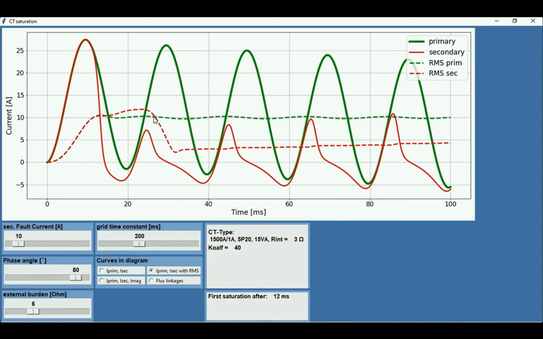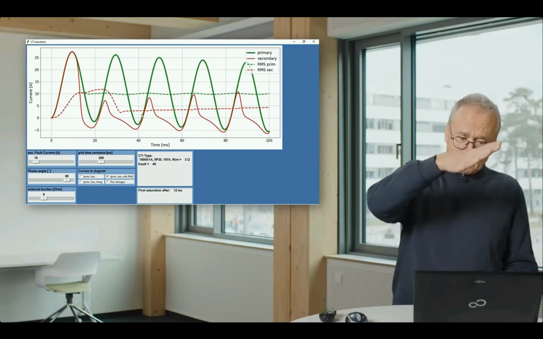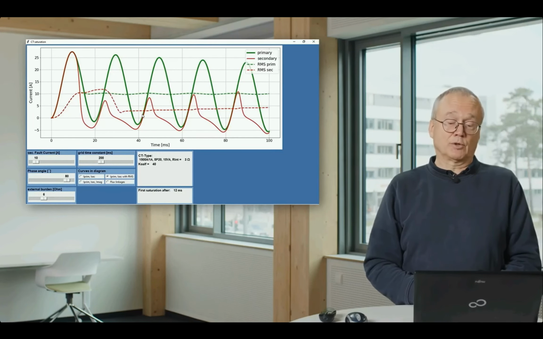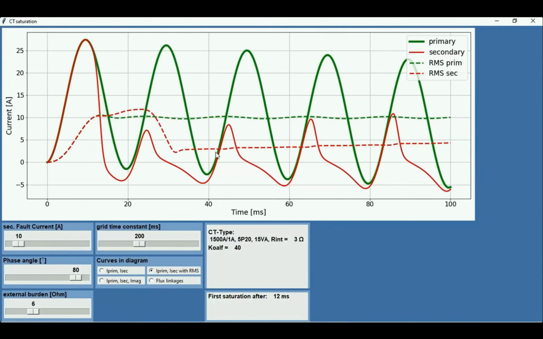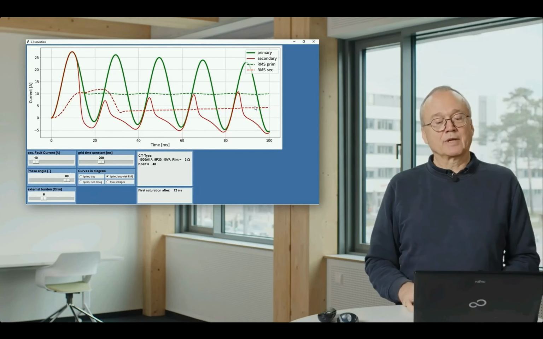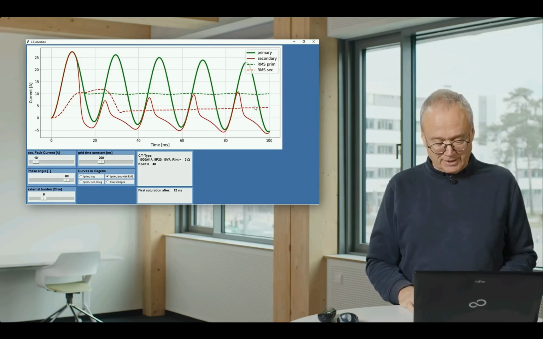But if we have a trip delay, here it would not trip with a setting of 5 amp, and you see the DC component disappears slightly, in this case with a pretty long time constant, and for that reason this calculated current, that what the algorithm in a protection relay would calculate, starts to increase, and after some 100 milliseconds it will be around 10 amps again, when the DC component has disappeared.